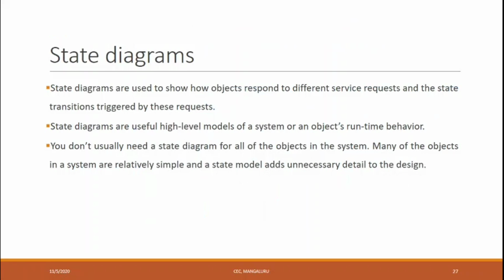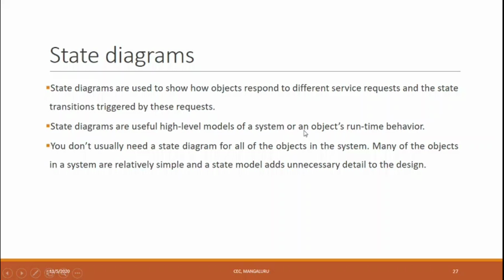Coming to the state diagram. State diagrams are used to show how the object responds to different service requests, and how the state transitions are triggered by the request. State diagrams are useful high level models of a system or an object.